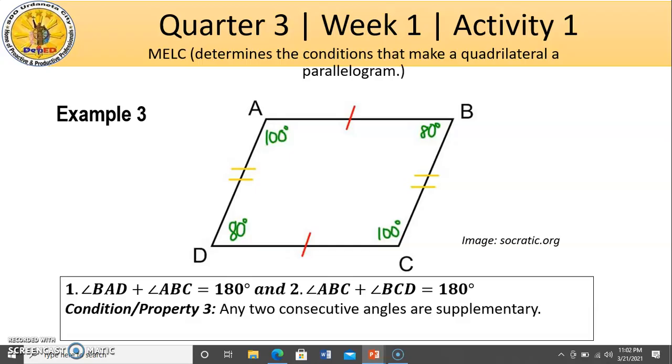Any two consecutive angles are supplementary. Take note, pag sinabing consecutive angles, sila yung magkasunod or magkatabi na angles. At pag sinabi namang supplementary, dalawang angles na kapag pinag-plus equals to 180 degrees.